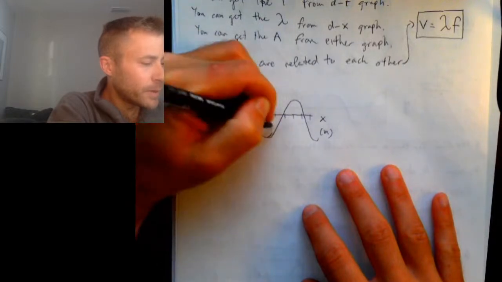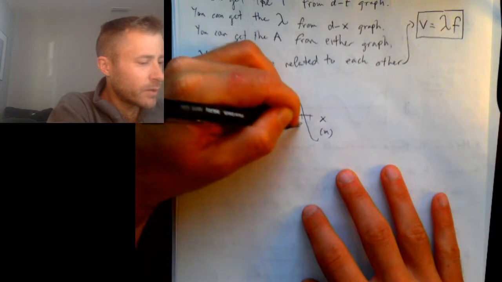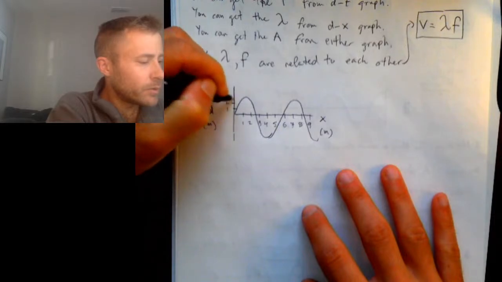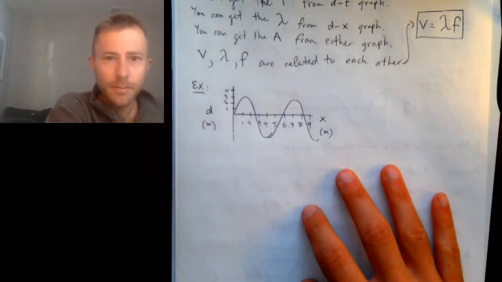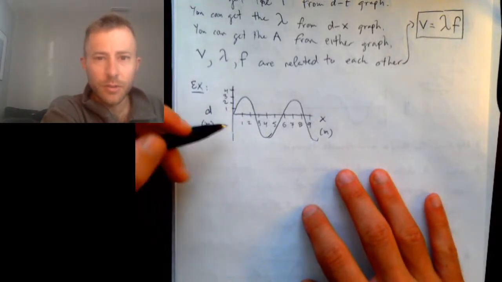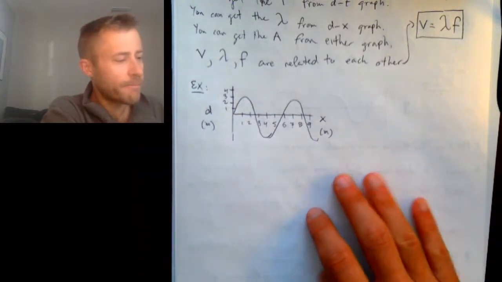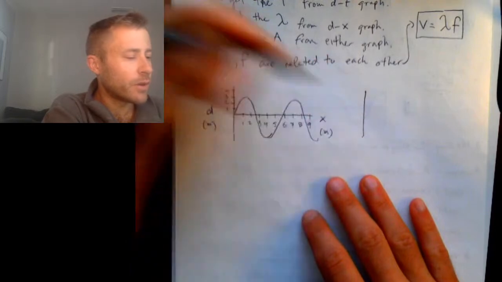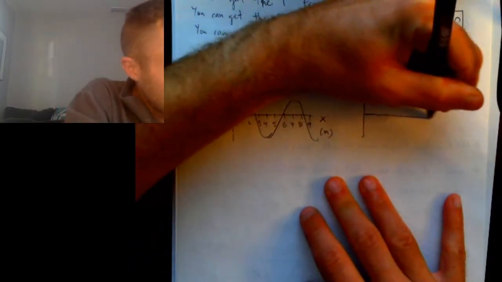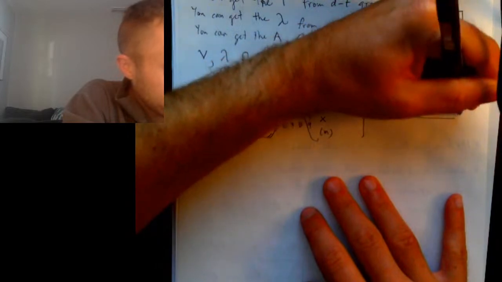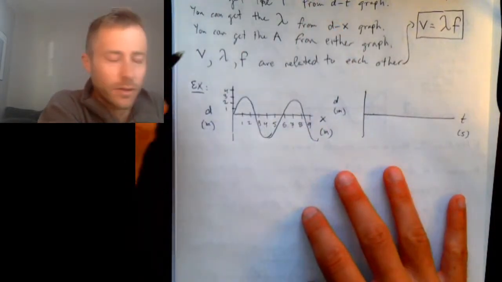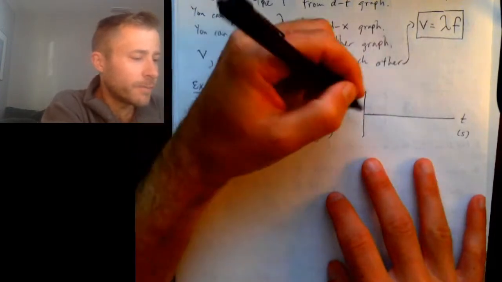So that's the displacement versus position of the wave. And then next to that, I will draw the displacement versus time of the wave. So we have time in seconds, displacement in meters, and this one looks like so.